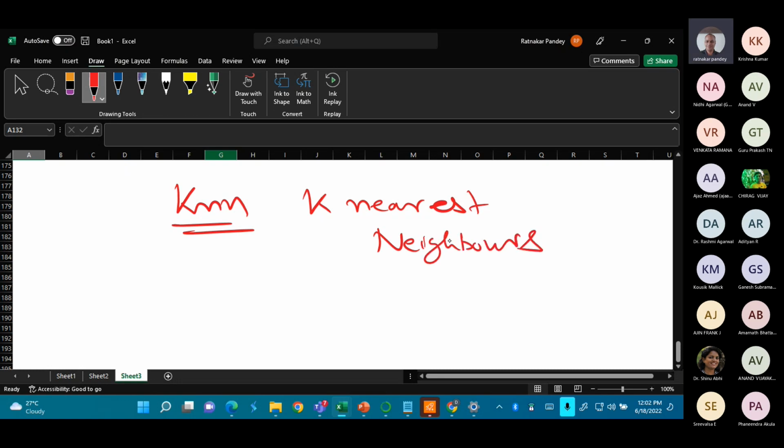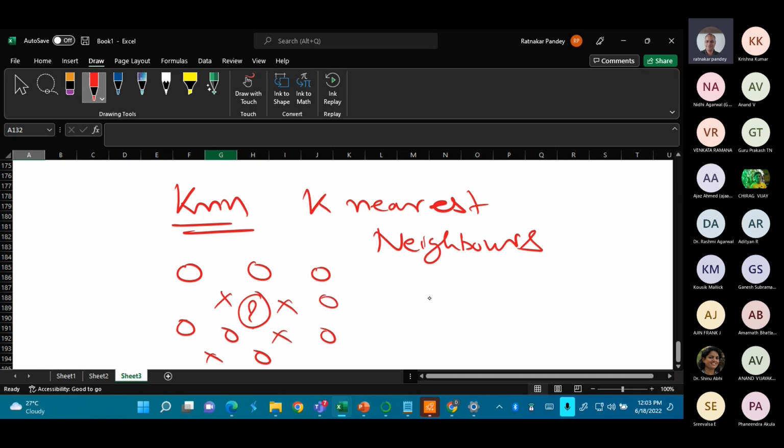The algorithm is really lazy in the sense that, let's say I want to figure out whether the question mark is a zero or a cross.